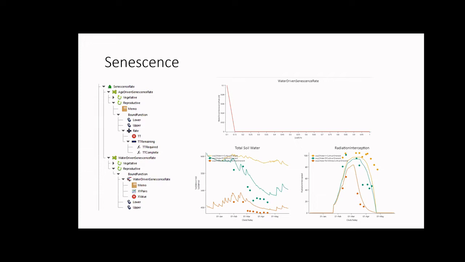So on the bottom left, we have the total water in the top 160 millimeters of the profile, where the yellow is fully irrigated, the green is rain-fed, and the red is a terminally stressed treatment where a rainout shelter was applied 45 days after sowing. And then on the right, you can see the senescence occurring. So with the green, slightly earlier senescence occurring, and then the red, a much more extreme occurrence happening there, showing the plant's response.